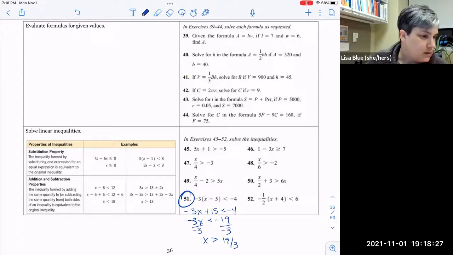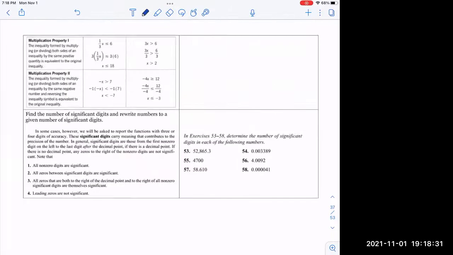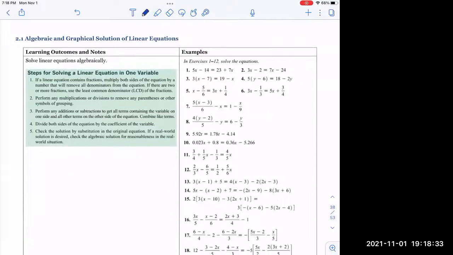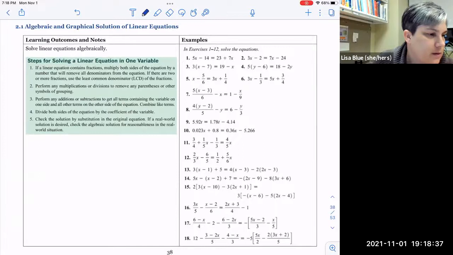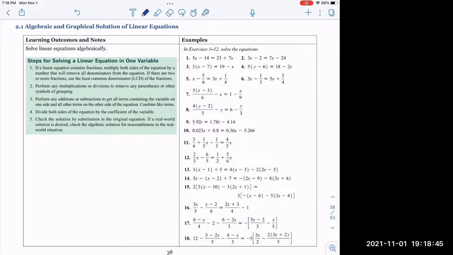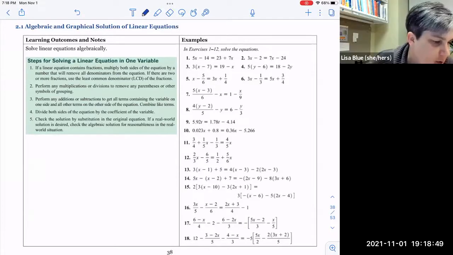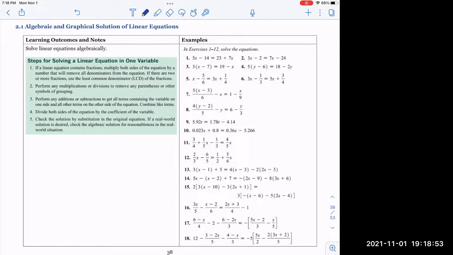So let's see. What about page 38? I bet that is the equations that you were talking about. It's a lot. That is not them. Let me see. If you want to look and see if there are any you'd like to see solved, yeah. I'll look for those equations. It was asking you to solve for one variable, and there was a whole bunch of variables.